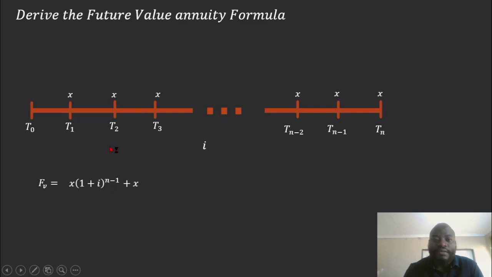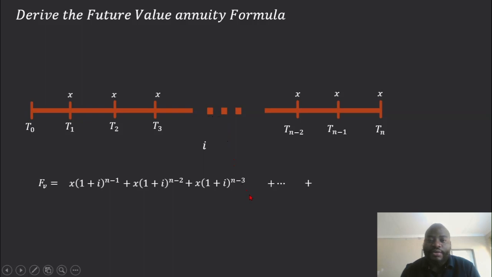The second one will have moved only n minus 2 number of periods. So this one here, moving from here to the end, is n minus 2 periods. And this one again will be n minus 3. Then we'll have all these other ones moving just the same way.